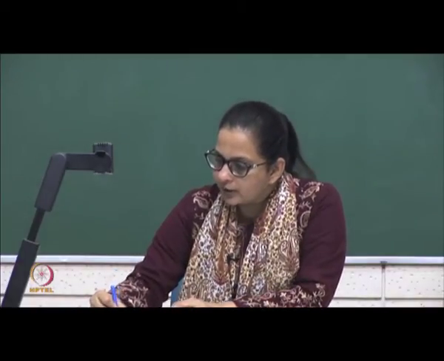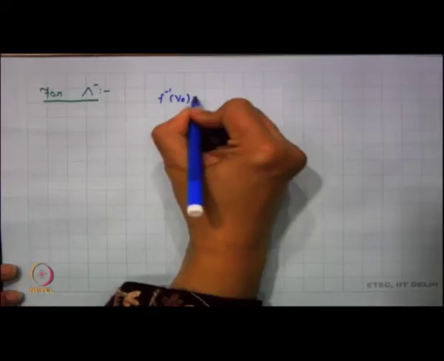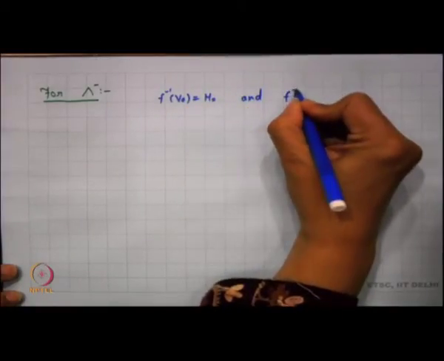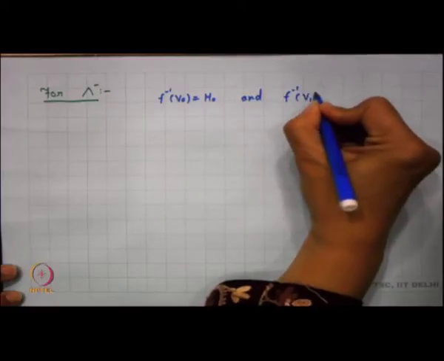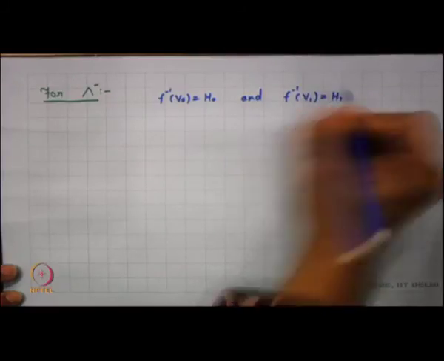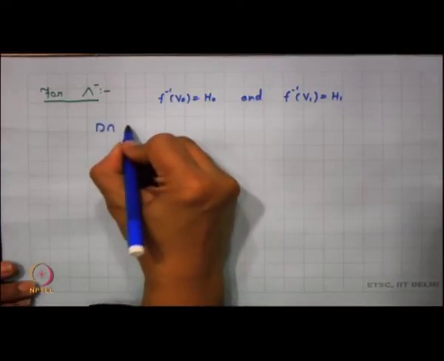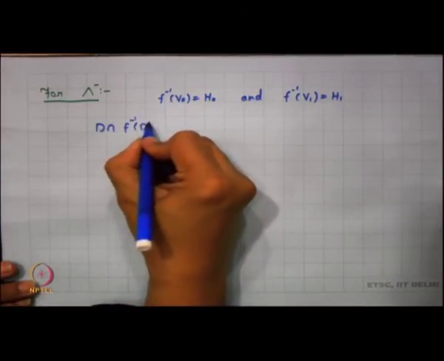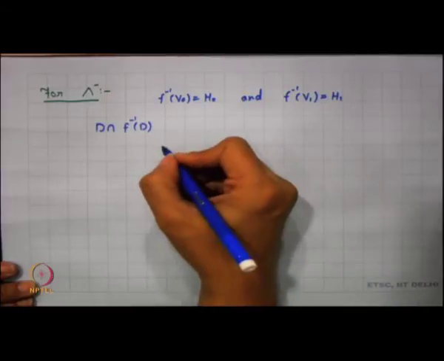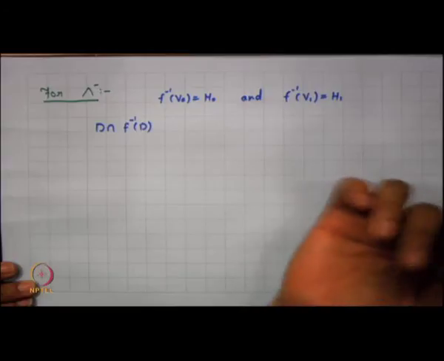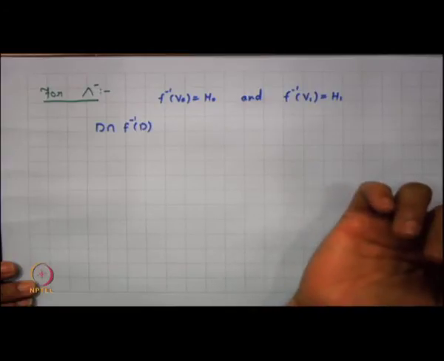So, F inverse of V naught is H naught and F inverse of V1 is H1. And what is D intersection F inverse D? Again, it is just H naught union H1.